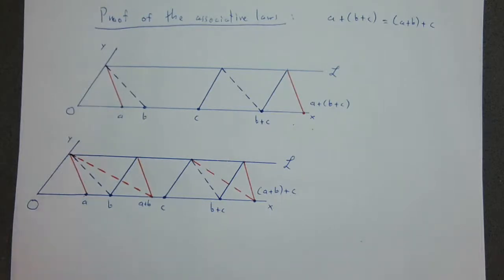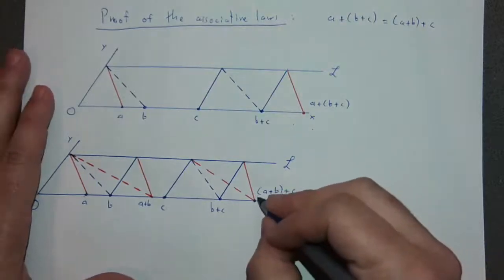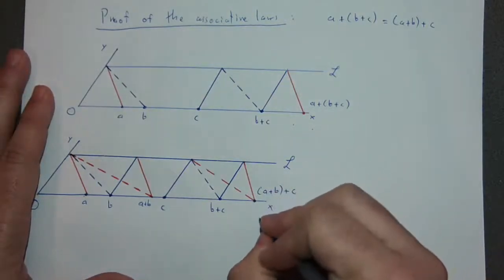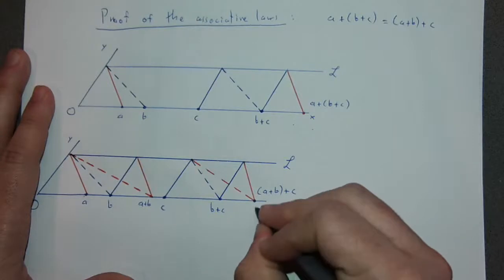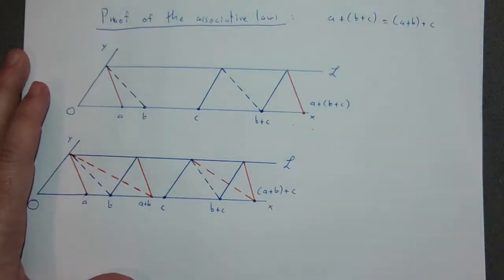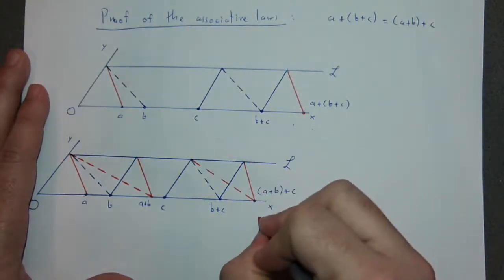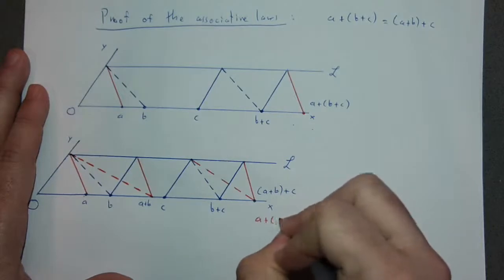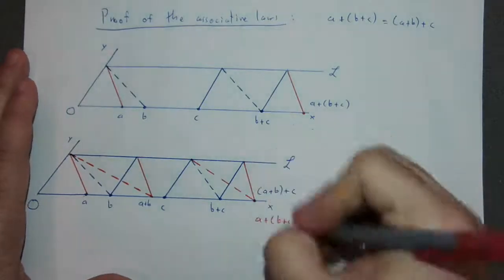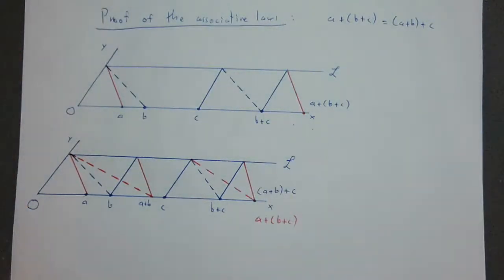And the answer is going to be yes, and you could probably already see it here, but I'm going to draw this in. So I have just constructed here, maybe I'll draw it in red. So I've just constructed A plus B plus C in the same way that I did up here.